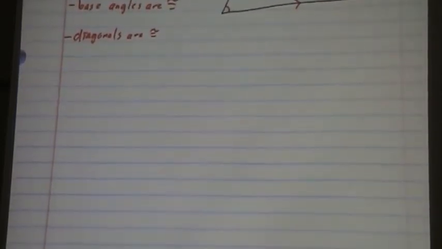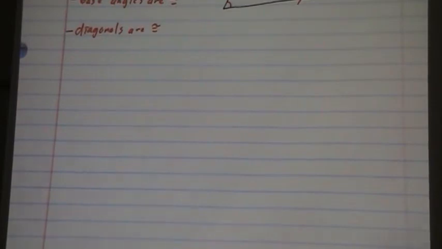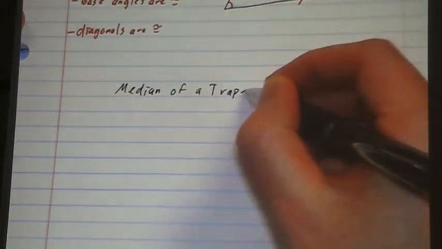Now there is one formula. It's not too bad. And this formula works for either isosceles or normal trapezoids. It's just called the median of a trapezoid formula. And this is similar to the triangle mid-segment formula from last chapter.